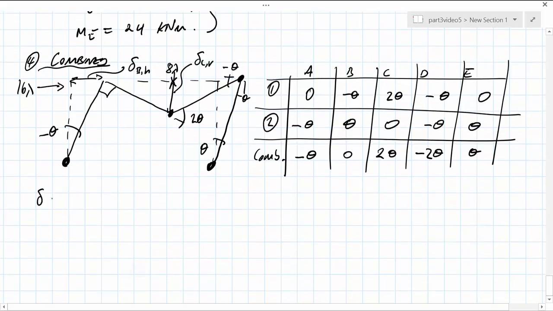The displacements are then delta B,h equal to 4 theta, and delta C,v equal to 5 theta.